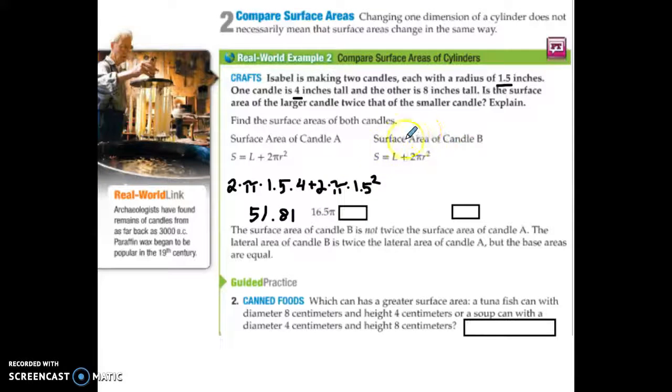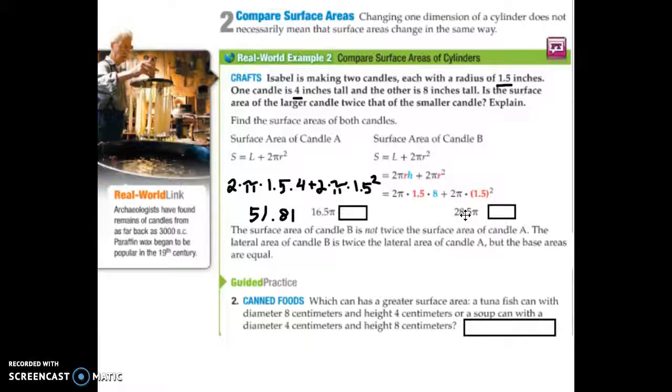Over here now I do the same thing, but instead of 4, I'm going to use 8. So if I take this and use 8, I get an answer of 28.5 pi. Alright, so now the question is, is this twice? Is it not? Well, let's turn this into a decimal so you can understand what that means.